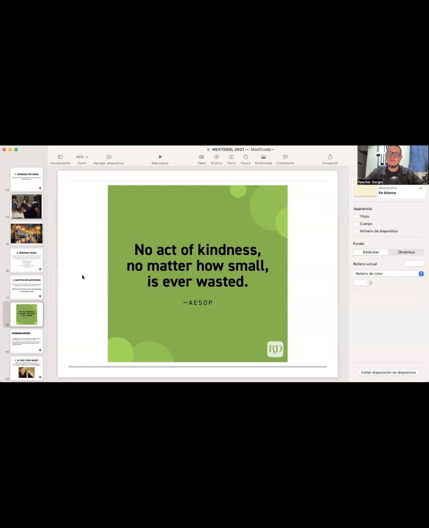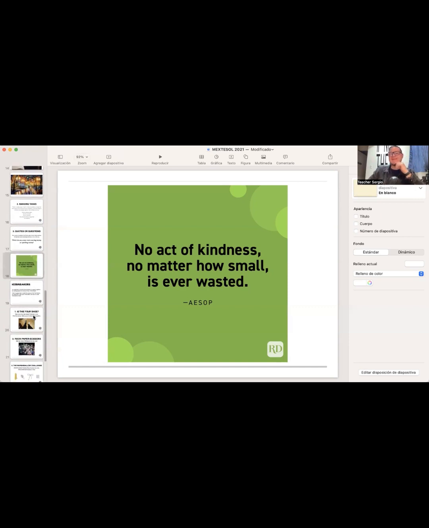So the small things are very important or something? Yeah, like sometimes when we help, it doesn't matter if we help with a huge thing or with a small thing. As long as we help, it is always appreciated. Probably that's what it means, or at least that is what I understand. Yeah, me too, I think so.